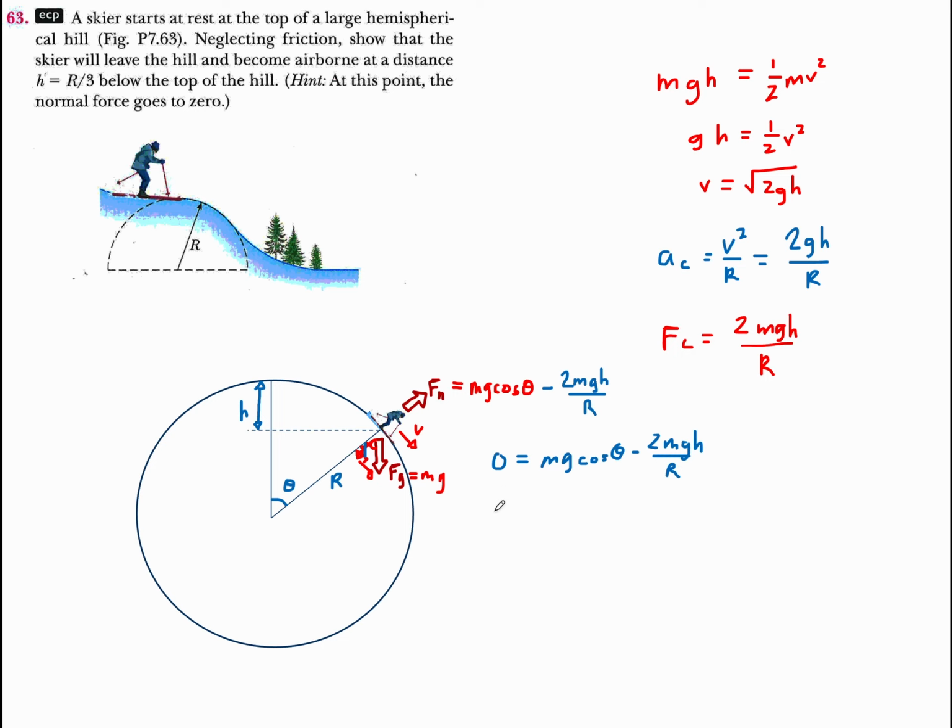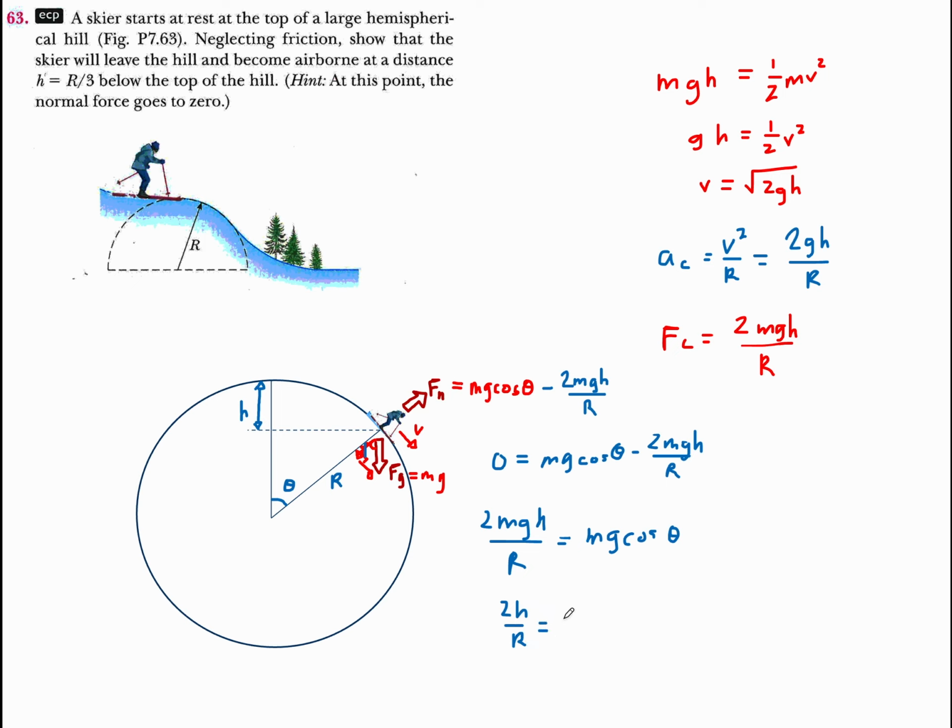Moving this term to the other side, 2mgh over r is equal to mg cosine theta. We get just that 2h over r is equal to cosine theta.